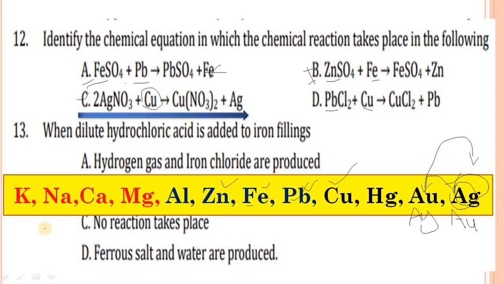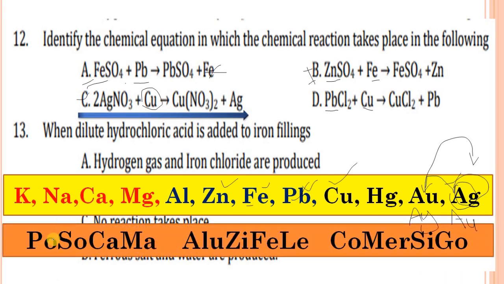So I will give one small easy method to remember this reactivity series: you should remember the first word of all these metals. That is, potassium stands for Po and sodium stands for So, calcium is Kya and the magnesium is Me. So Po, So, Kya, Me, that you have to remember. Aluminium Alu, zinc Zi, then iron, that is ferrous, Fe, then the lead Le.